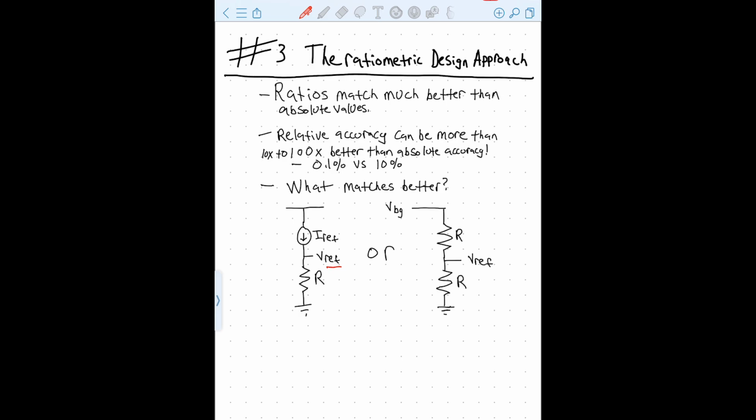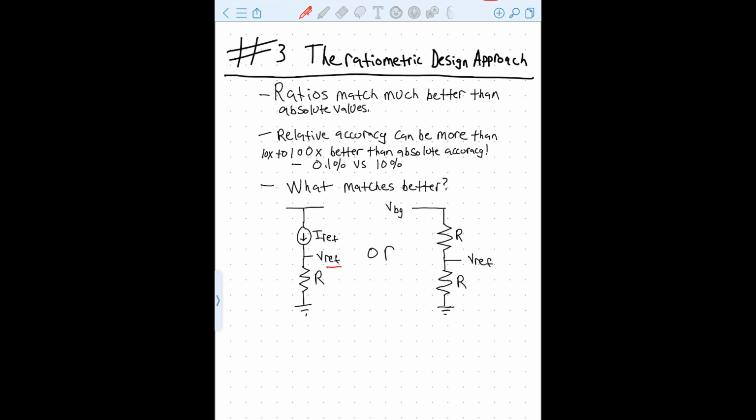And here, the error that we are concerned with as far as the VREF voltage is basically the ratio between those two resistors, because that's really what matters. The absolute value is going to determine what the current flowing through that branch is, which may not be as critical if our primary goal is to generate the VREF.